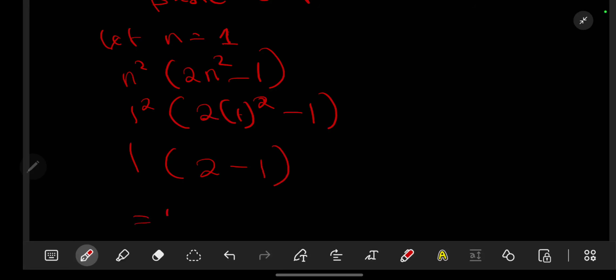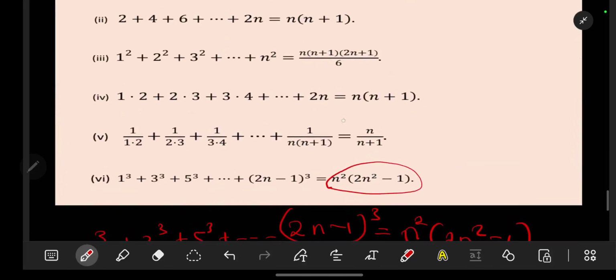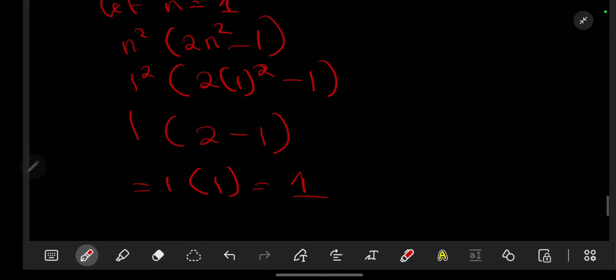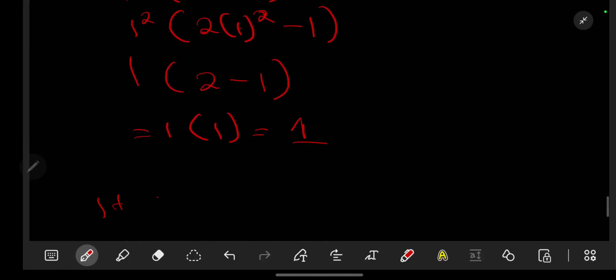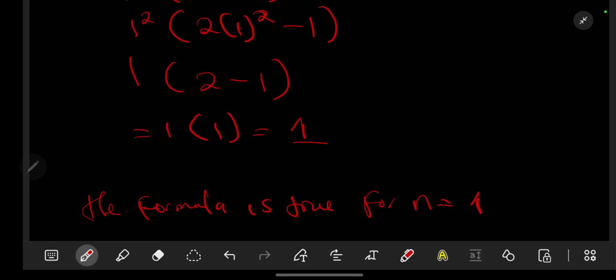So we have 1 by 2 minus 1 is 1, which will just be equal to 1. So as you can see, 1 is equal to this one here. So we are going to say the formula is true for n is equal to 1.